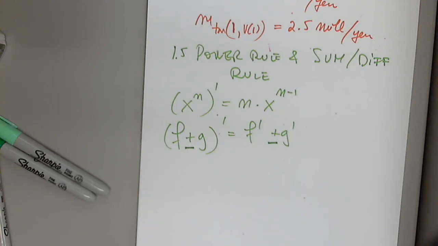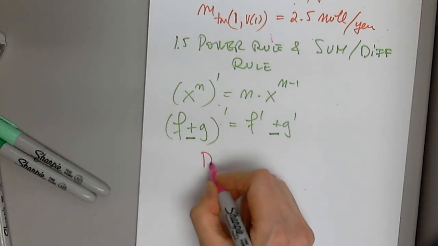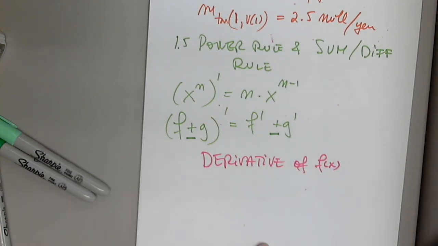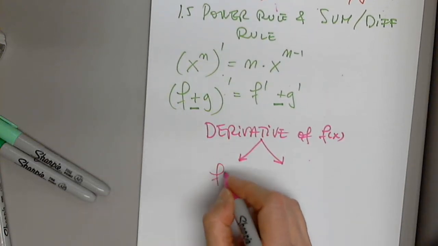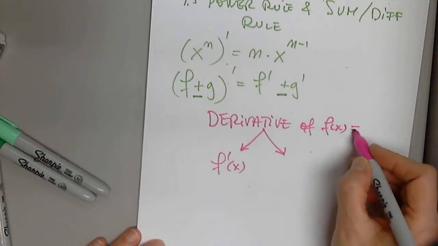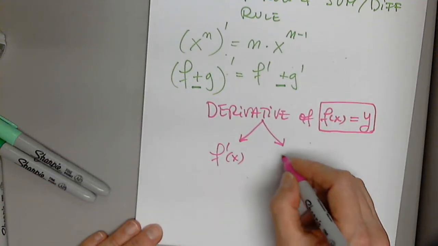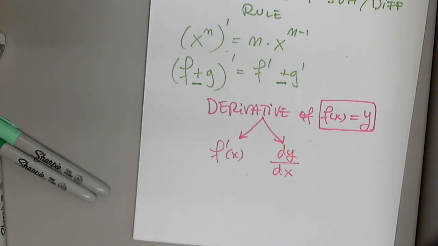Now, I would like you to get used to 2 notations. When we talk about the derivative of f of x, we have 2 different notations. One is the one that we've been using, f prime. And the other notation, remember, f of x is the same as y, we agree? The other notation is dy over dx. This is the so-called Leibniz notation, the derivative of y with respect to x.